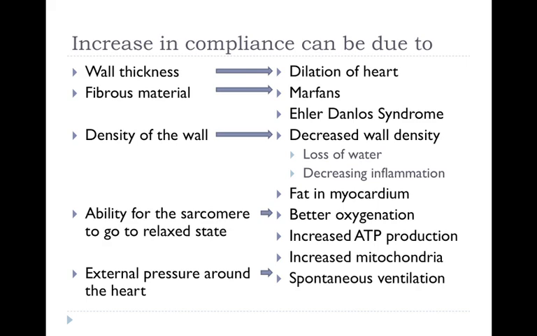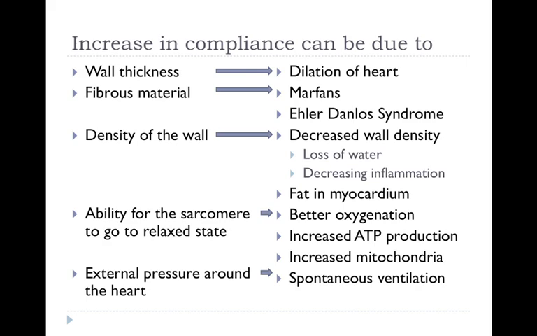In addition to that, you can also have fibrous material that is inadequate in quality, such as in certain collagen diseases, where the collagen is not strong or is more elastic, such as in Marfan syndrome or in Ehlers-Danlos syndrome as well.